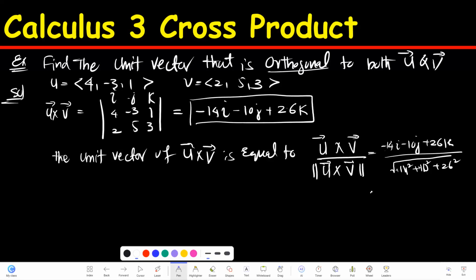If I solve this one, it's going to look like this: minus 14, minus 10, and 26, each over the square root. Since I'm using these parentheses, I don't have to write ijk. I can write ijk, but since I'm using parentheses, I have to use commas.